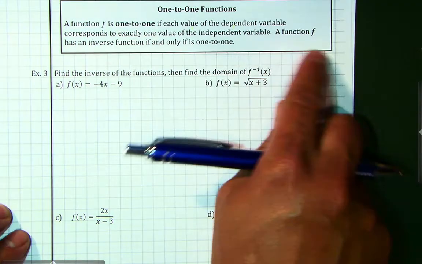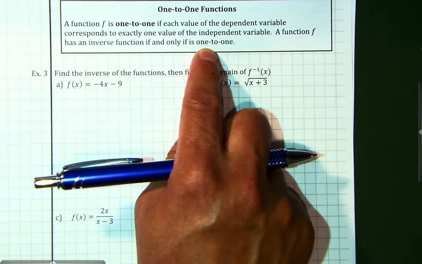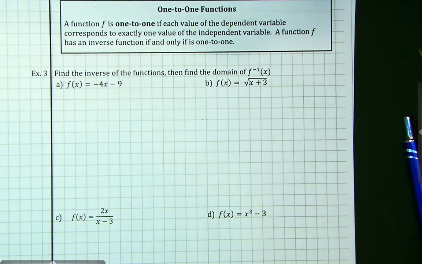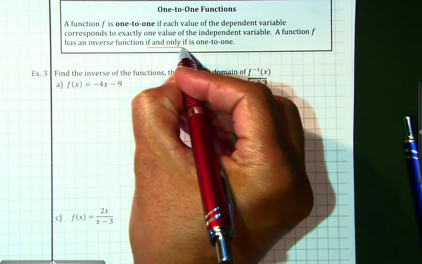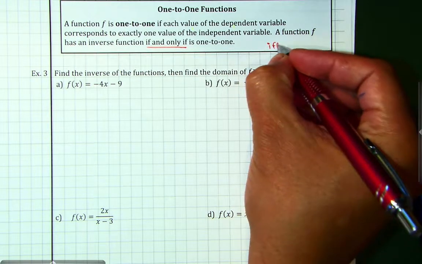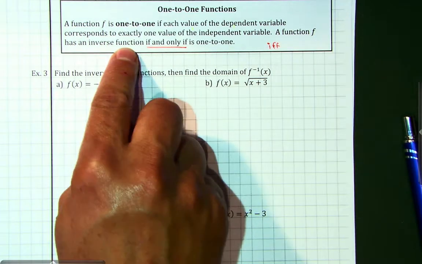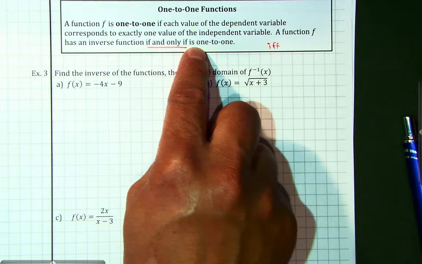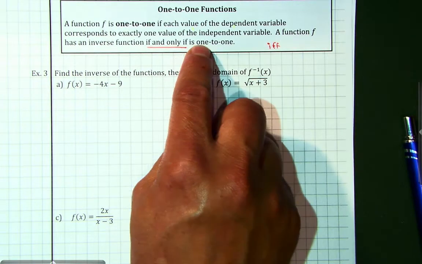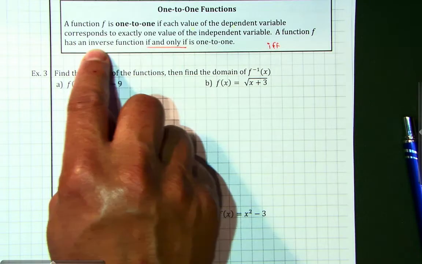And notice once again the words if and only if. That means that it works both ways. So a function f has an inverse function if and only if it's 1 to 1, or a function is 1 to 1 if and only if it has an inverse function.